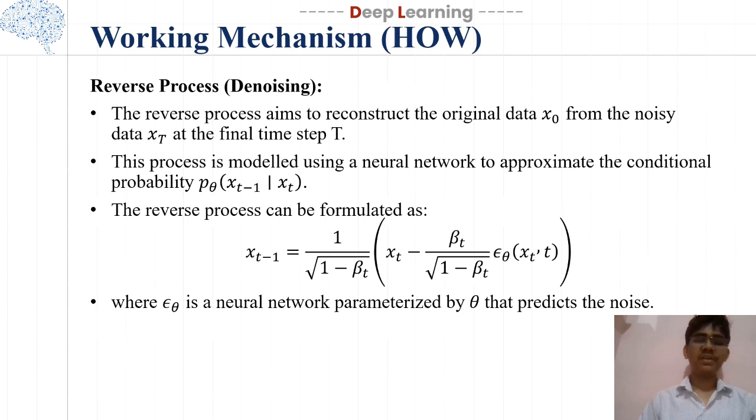In simple terms, the model learns to predict the noise that was added at each time step in the forward process. Over many such denoising steps, the system slowly reconstructs the original data, or even generates a completely new and realistic image. This reverse process is what makes diffusion models so powerful: they don't just reproduce data, they can generate entirely new samples that look real, not synthetic.